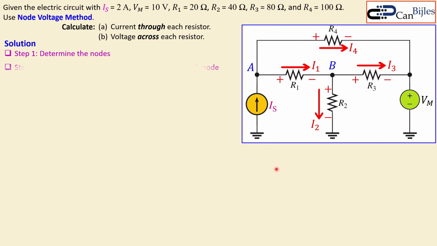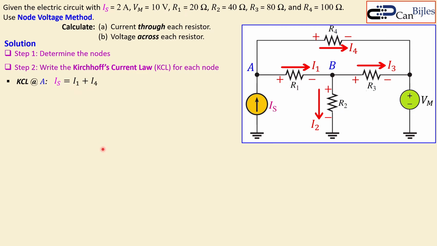Now step 2 is to write the equations using Kirchhoff's current law for each node. For node A, I have a current entering, IS, in this node, and then 2 currents will leave from node A, which are I1 and I4. That means IS will produce I1 and I4. That means actually the following: IS is equal to I1 plus I4.